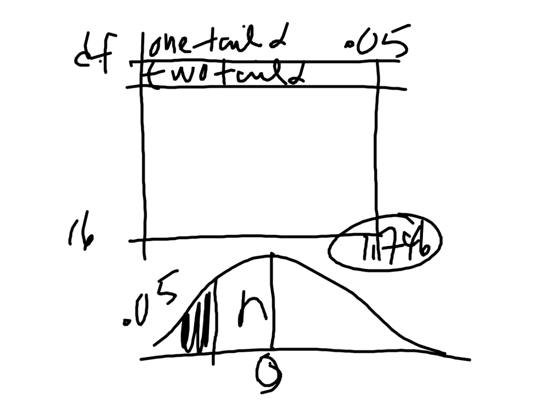Well, we would still follow the same procedure, but the only difference is we would take the 1.746 and write it as a negative 1.746, because it's understood we're on the left side of the t-distribution now. Recall, everything happens in the tails.